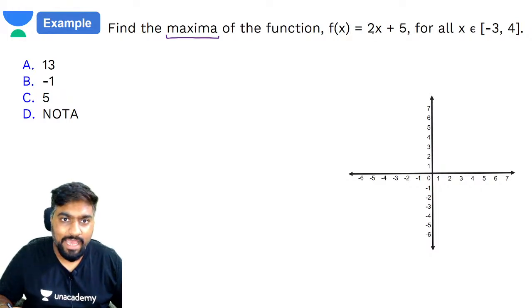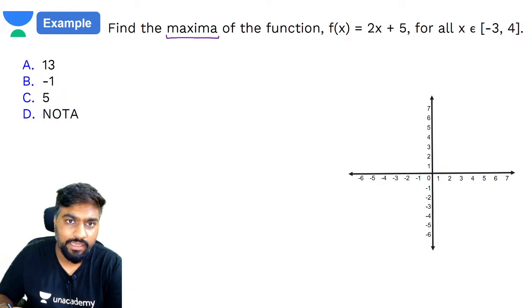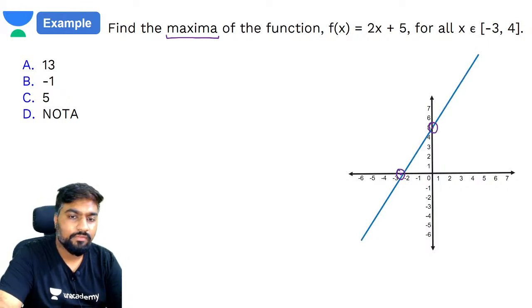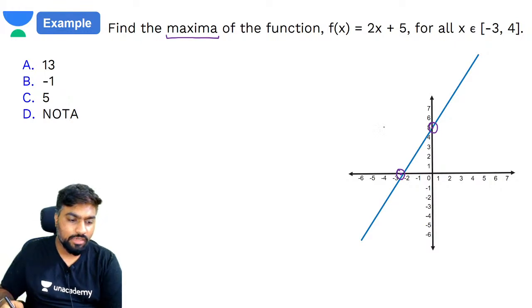So if I plug in x equal to 0, y will be 5. If I plug in y equal to 0, I'll get x as -2.5, correct? So my graph should pass through these 2 points, agreed? This is how my graph will look.